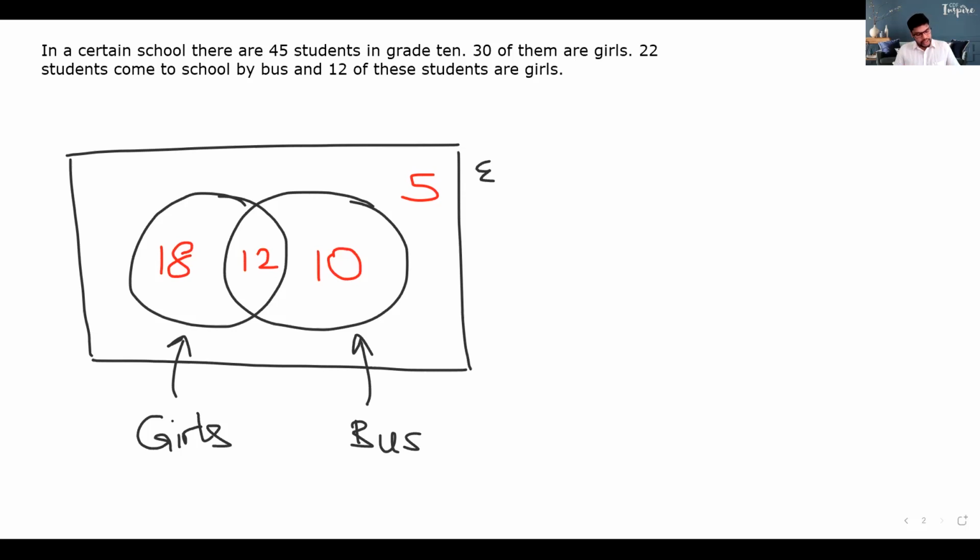So the shaded region should be this one. Let me shade the region for you. Right, so basically this region here, and the number is 5. So the number of boys who do not come to school by bus is 5.